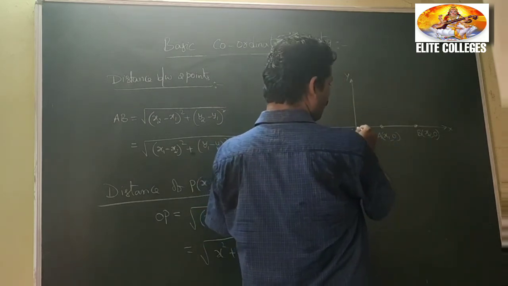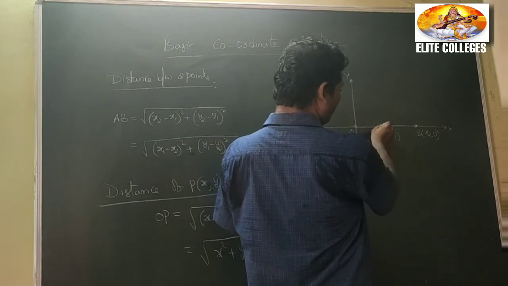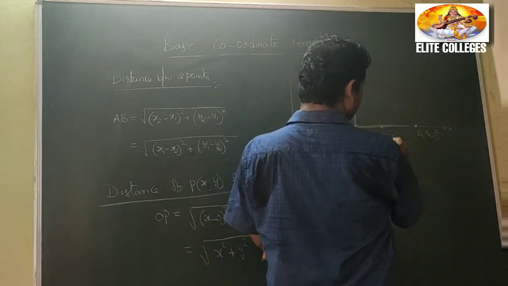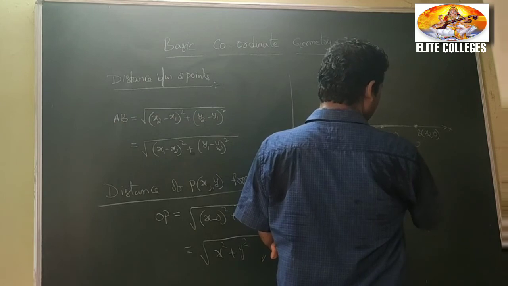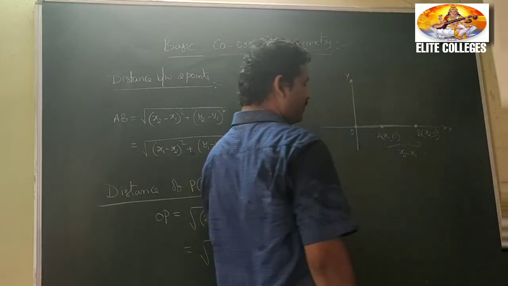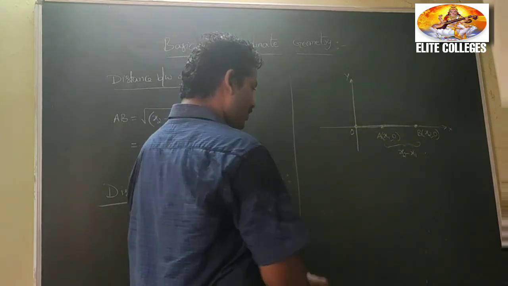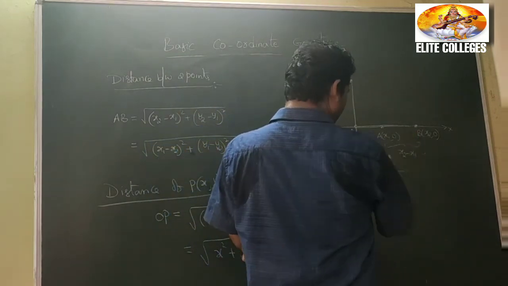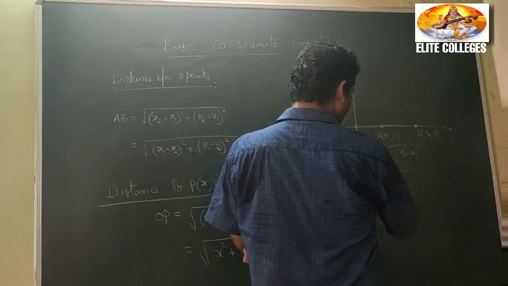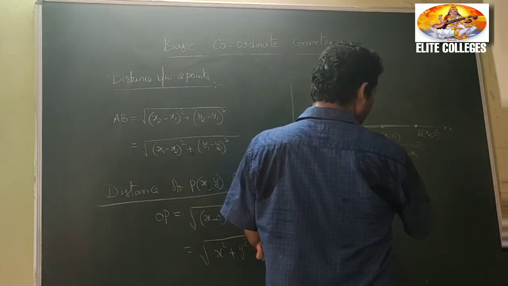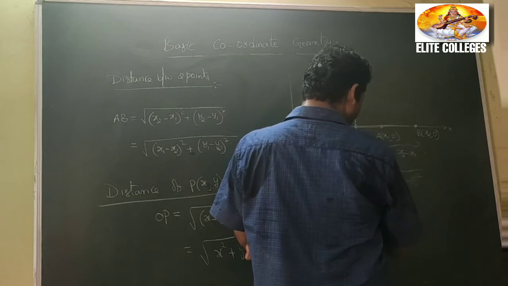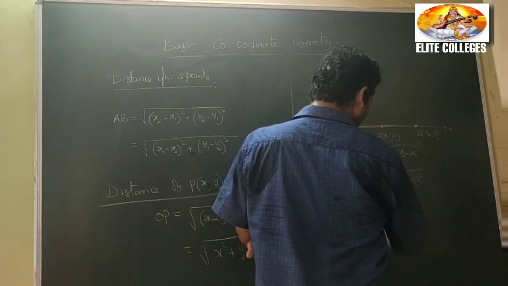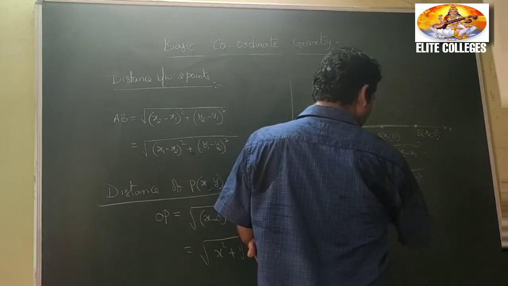Previously also we told this OA is x1 and OB is x2. Then this AB is just x2 minus x1. So here also AB equals square root of x2 minus x1 whole square plus 0 minus 0 whole square, that equals square root of x2 minus x1 whole square.